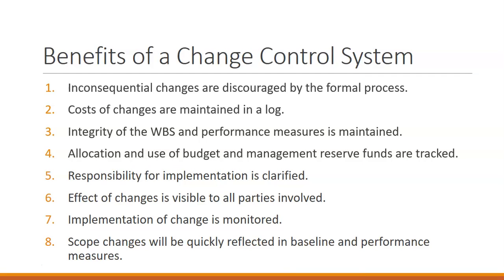Benefits of having a formal change control system are that we are monitoring all of our changes. Inconsequential changes are discouraged by needing a formal process. So if every time you might want to make a change to scope or scheduling or costs, you have to go through this formal process, you're going to be less likely to approach this for inconsequential changes.